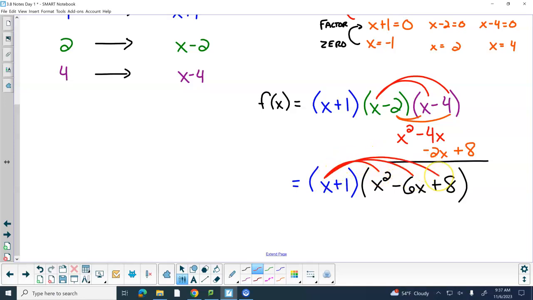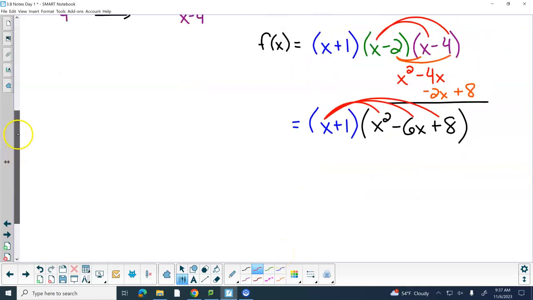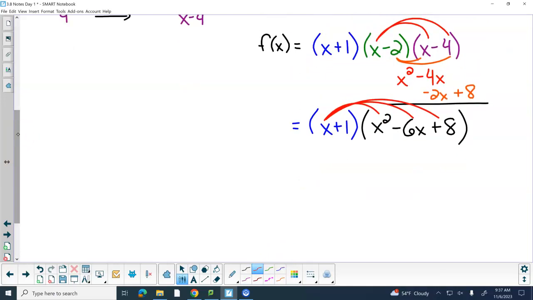It is minus 6x, isn't it? Did I do it wrong? So then we get x cubed minus 6x squared plus 8x. And then I've got to distribute the 1.